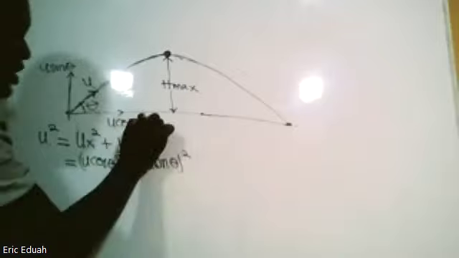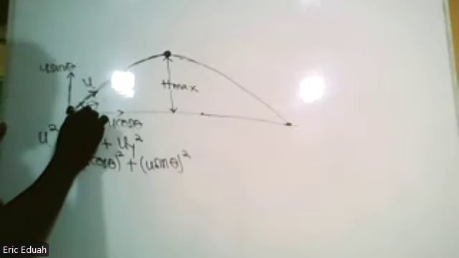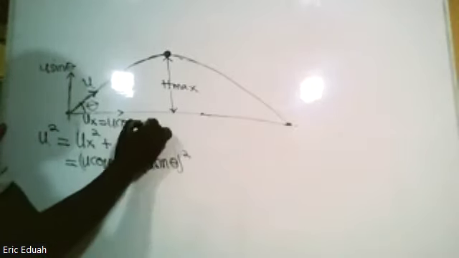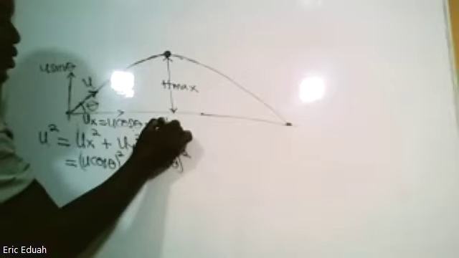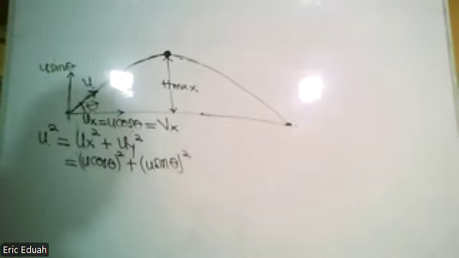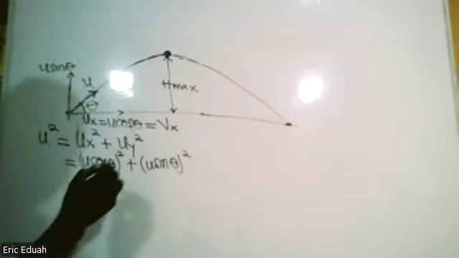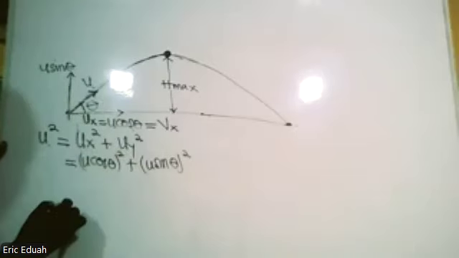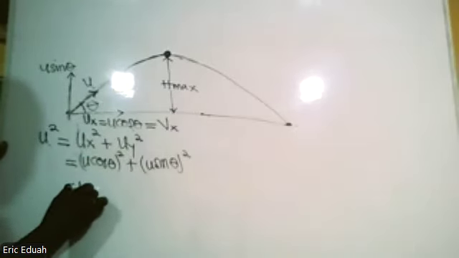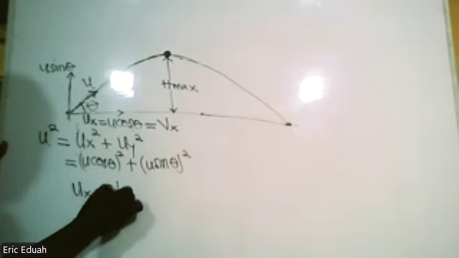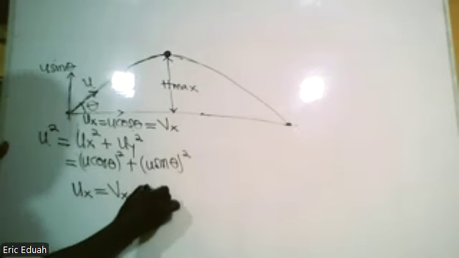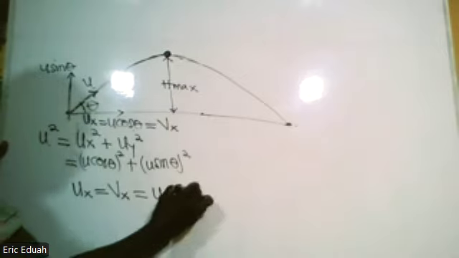Now, u cos theta is constant. So the initial horizontal velocity is equal to the final horizontal velocity. For projectile motion, the horizontal velocity is constant. Initial horizontal is equal to final horizontal, which is equal to u cos theta.